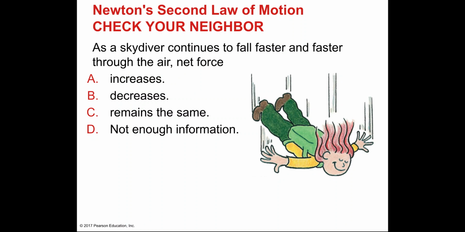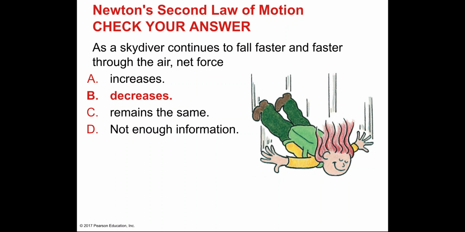As a skydiver continues to fall faster and faster through the air, what is the net force? Of course, the net force is actually decreasing. Because the air resistance is increasing. Remember, air resistance is acting in the opposite direction to the weight. So because air resistance is increasing, it is reducing the net force.